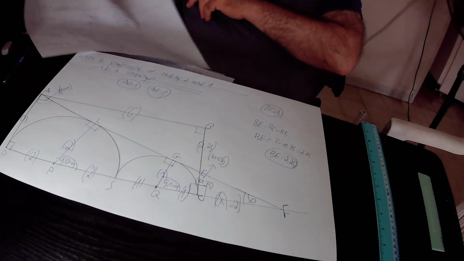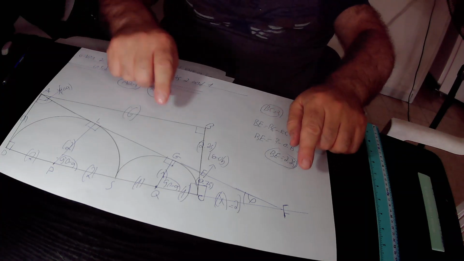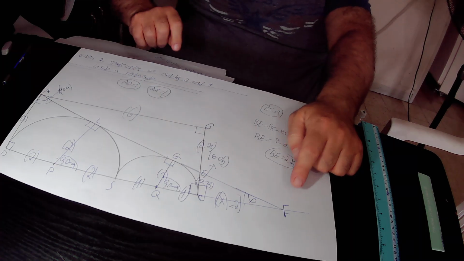So the length of line segment CF, which is X, equals 2 units.